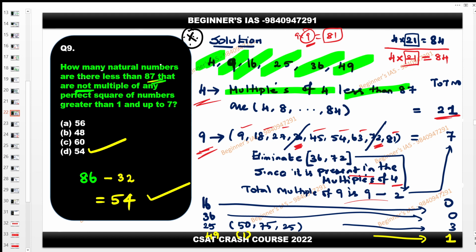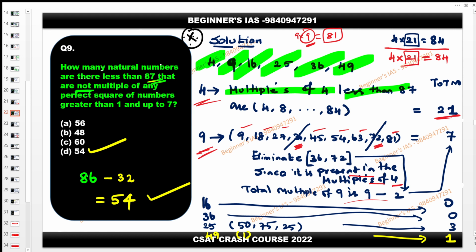From these 86 numbers, how many are not a multiple of a perfect square number? We have to subtract the numbers which are multiples of a perfect square. There are 32 such numbers, so subtracting from 86, we get 54. Therefore 54 numbers are there which are not a multiple of a perfect square number.